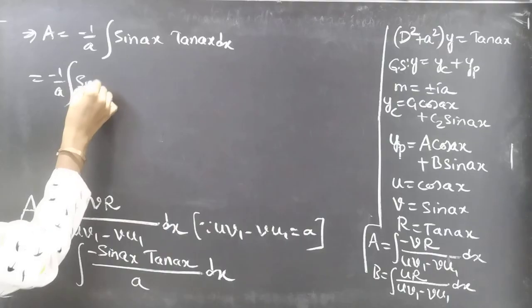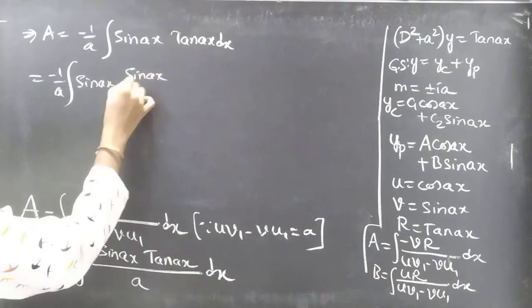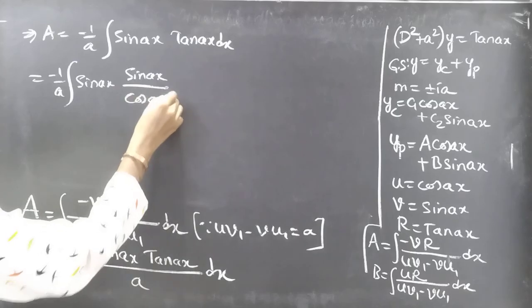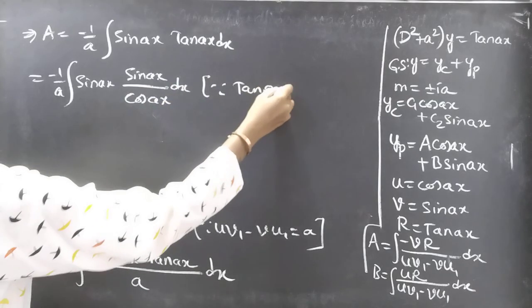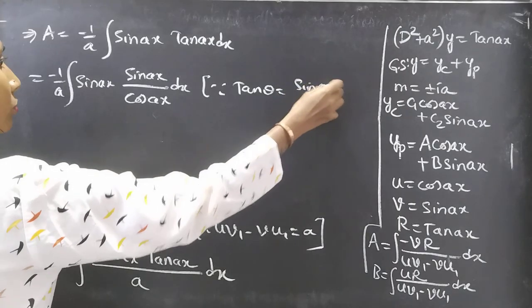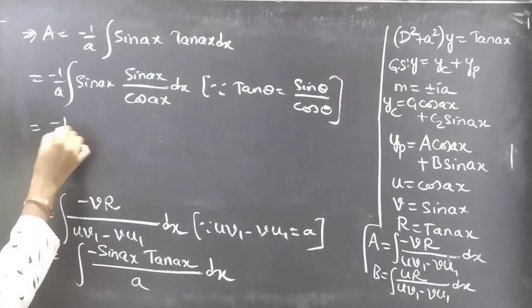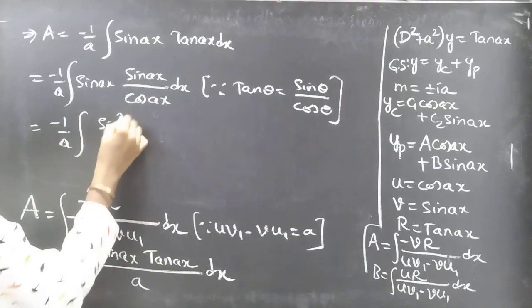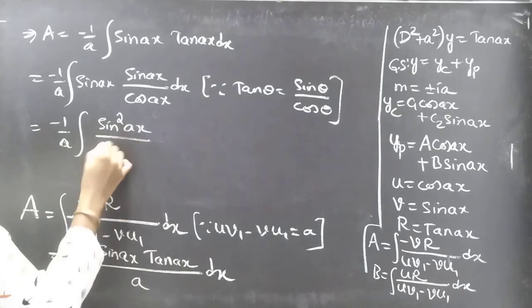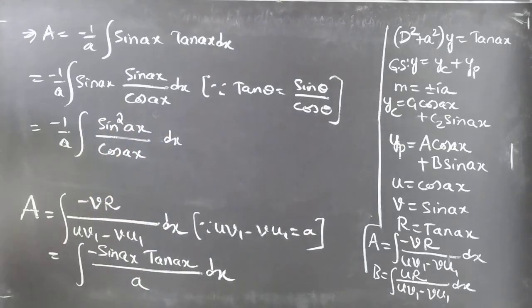Let's write tan ax as sin ax by cos ax, since tan theta can be written as sin theta by cos theta. This equals minus 1 by a into integral sin ax into sin ax is sin square ax by cos ax into dx.